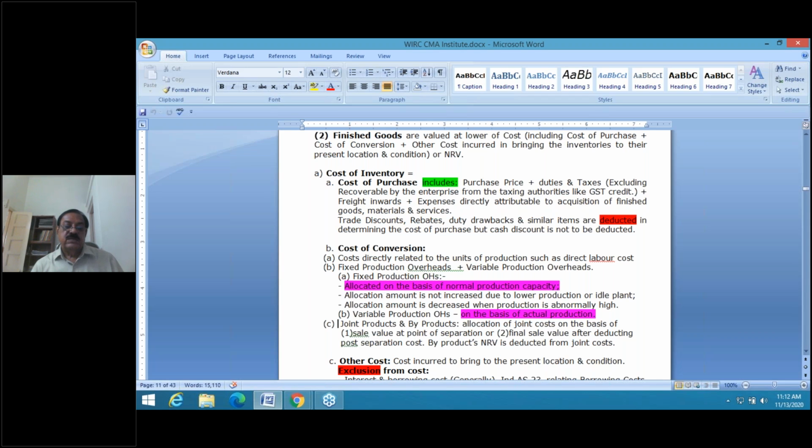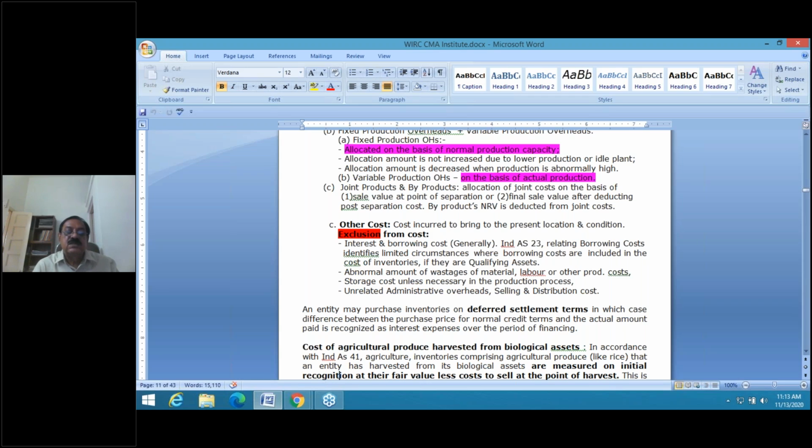And you also know the byproducts NRV, net realizable value, is deducted from joint cost, and thereafter only the joint cost will be apportioned to the joint products. So friends, being cost accounting students, you know this better. What are the other costs? All other costs to bring the inventory to its present condition and location are to be added.